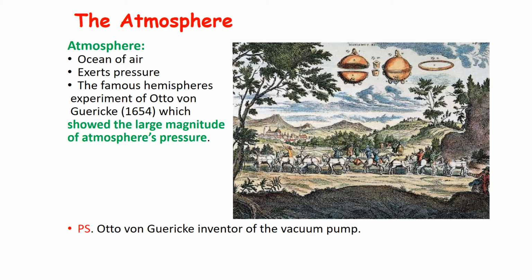Then he had 16 horses, 8 on each side of the hemispheres, try to pull them apart, and they separated them only with difficulty. This showed the large magnitude of atmospheric pressure. By the way, Otto von Guericke is the inventor of the vacuum pump.